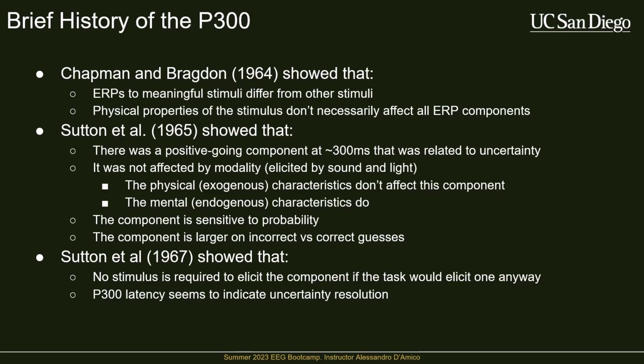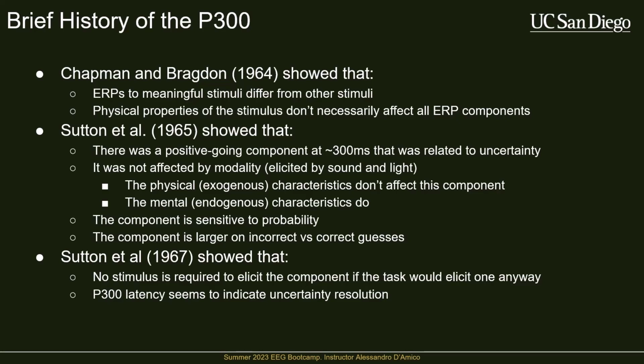So to summarize, they found a positive-going component at 300 milliseconds that seemed to be related to uncertainty, because again, we were only seeing it in the uncertain stimuli case. It was not affected by modality, because they repeated this experiment using both auditory and visual stimuli, and you get this component with either one.